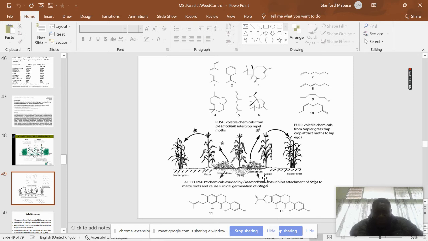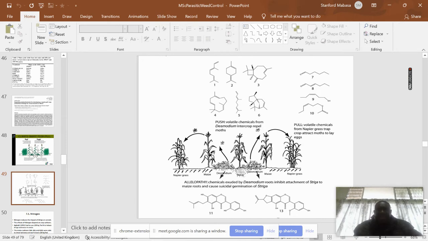Again, here we have got the desmodium planted between maize. Previously, it was planted between sorghum plants. And on the edges of maize, we've got napier. So desmodium will disrupt the parasite from attacking maize, and at the same time, it will produce these chemicals which will push out the stem borers, and they will be attracted by the napier, and they won't cause any harm there.